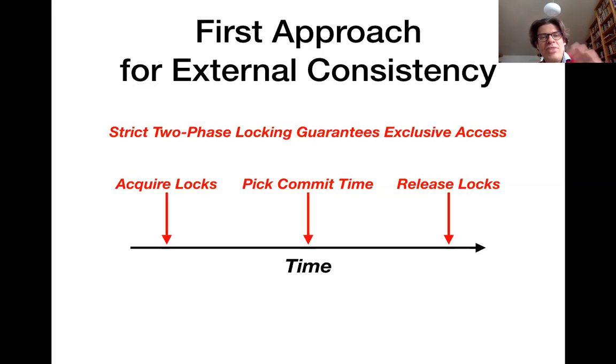This seems to work well because as long as we're holding the locks, we are blocking other transactions from getting access to those objects, and therefore the commit timestamps should be consistent with the serialization order.